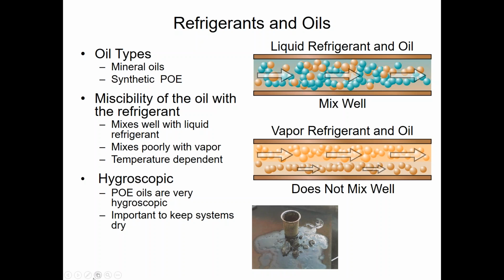By pipe sizing, what we do is we maintain velocities. So typically our suction gases and our hot gases are traveling anywhere from about 500, 600 feet per second up to, you'll see 1500, 1600, 1800 feet per second. So we want to be conscious of the velocity of our gas traveling through the pipe.